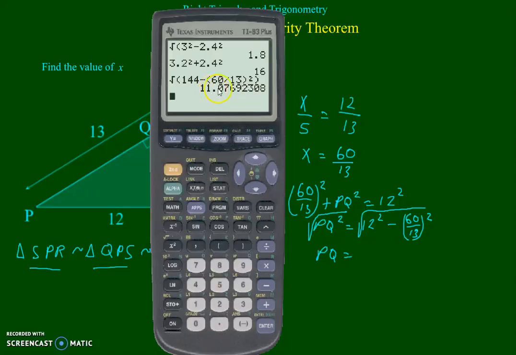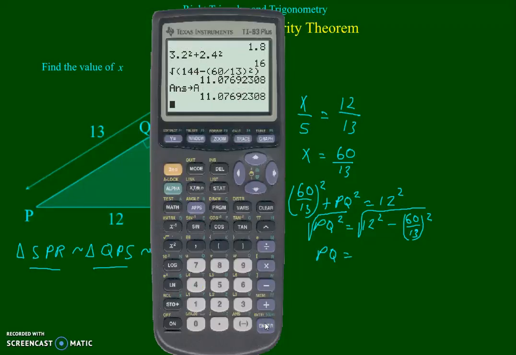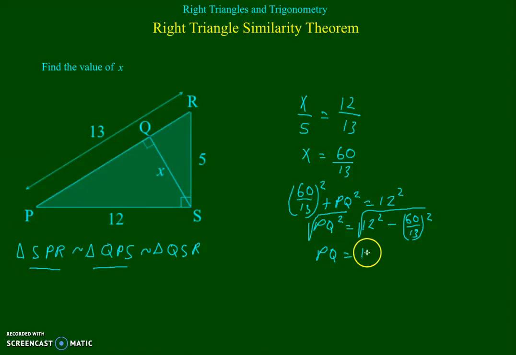PQ is 11 point, really nasty, ugly number. So we're going to go ahead and store that value. So store alpha A. Just for the sake of discussion, it's 11.1, and we put that in A. Alright, so that's PQ, so it's approximately 11.1.